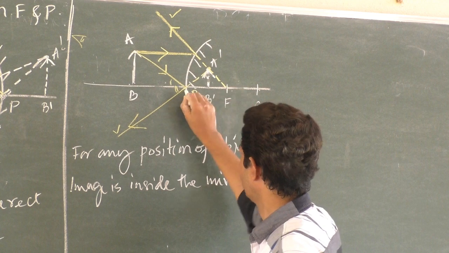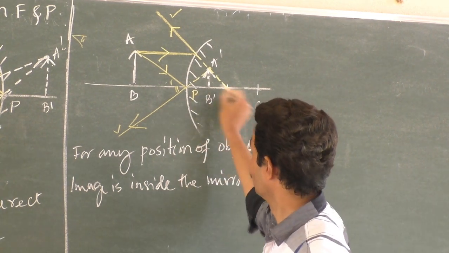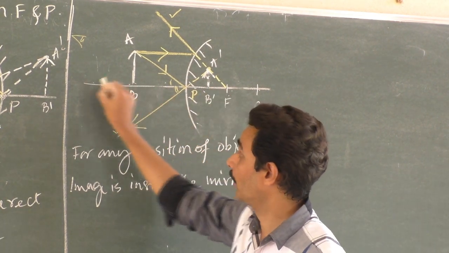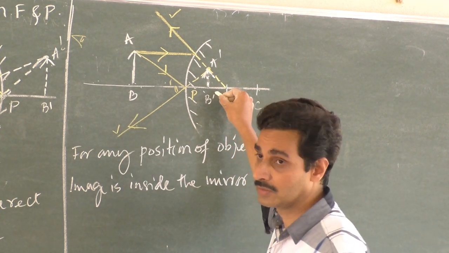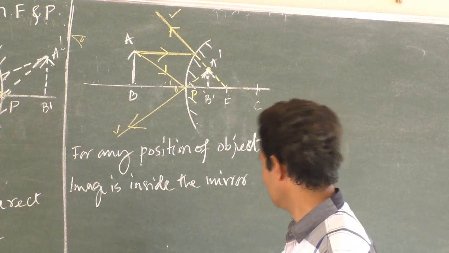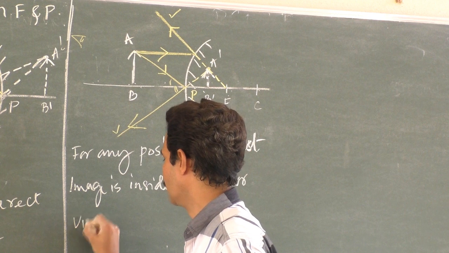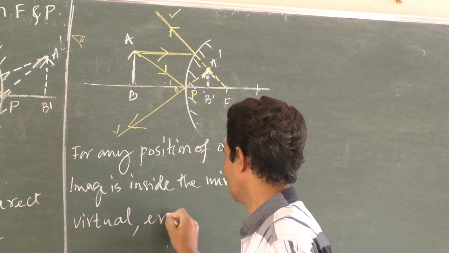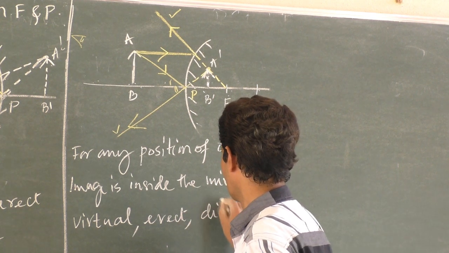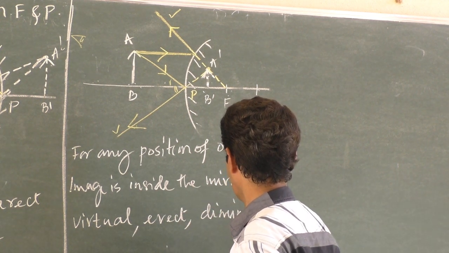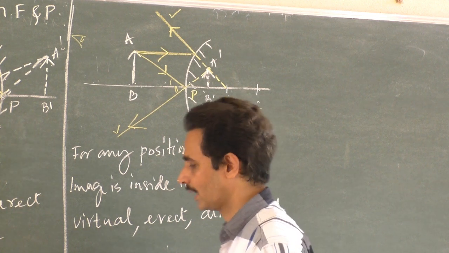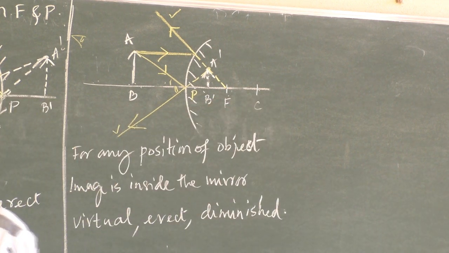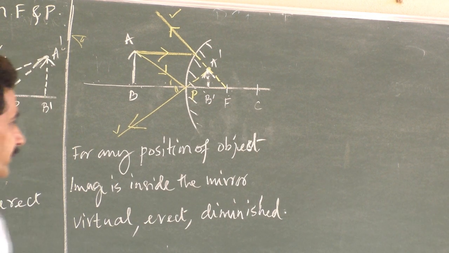Of course, it will be within the focus. Inside the mirror, it will be within the focus, because only when you take the object at infinity, you will get the image at the focus. The image is inside the mirror, virtual, because rays do not actually meet, erect, and diminished. It is smaller in size. Virtual, erect, and diminished. So this is the special case of the convex mirror.